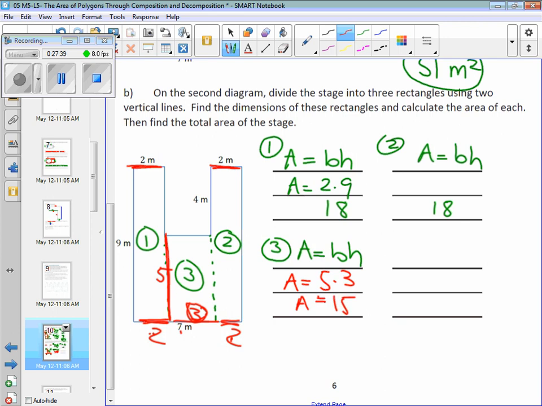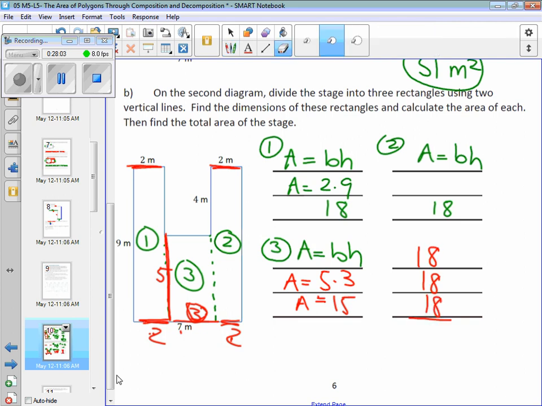Add it up, and you should get 51, but just double check and make sure that you do. Yes? 18 plus 18 plus 15.